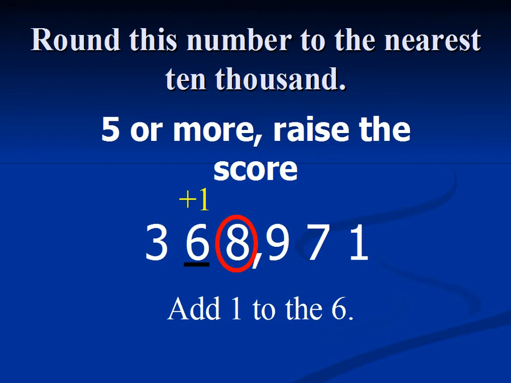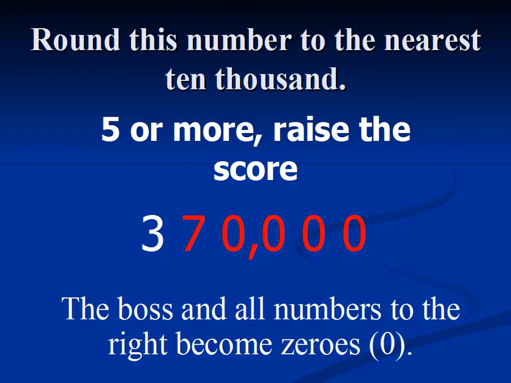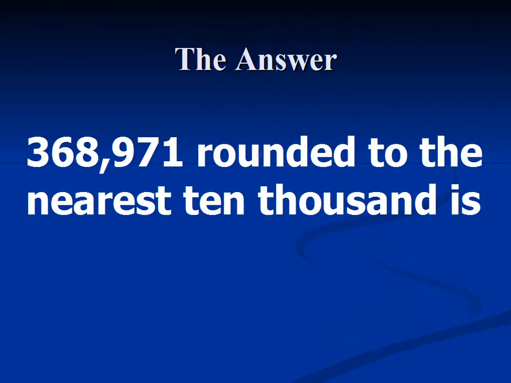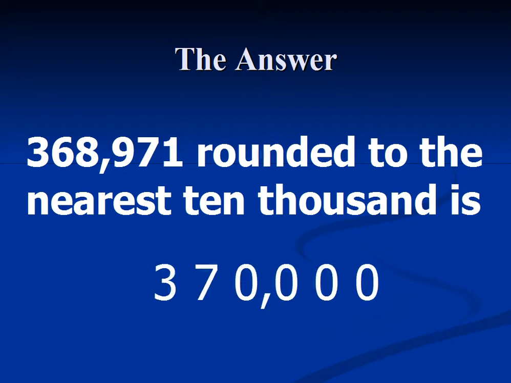After we add one more to the 6, the boss and all the numbers to the right become zeros. The boss has done his job, so he has worked himself out of a job, and he and everything to the right become zeros. So 368,971 rounded to the nearest 10,000 is 370,000.